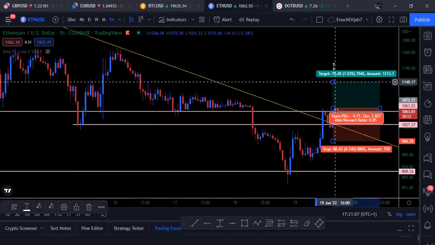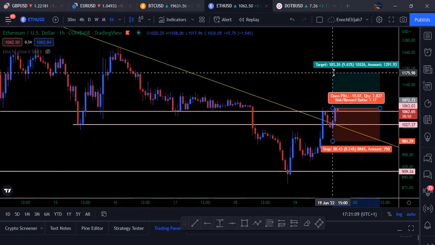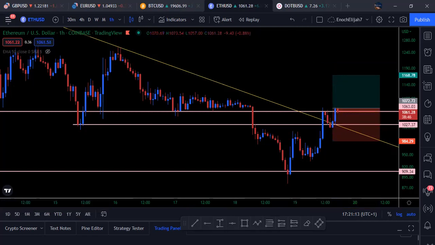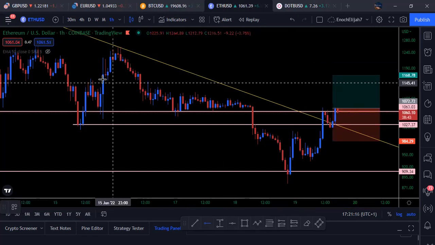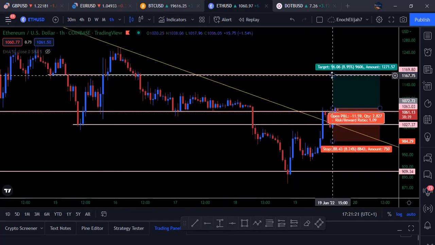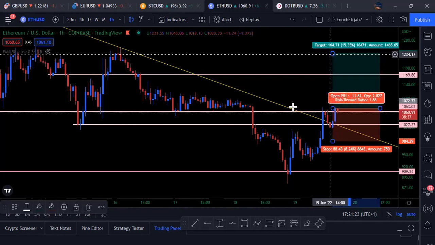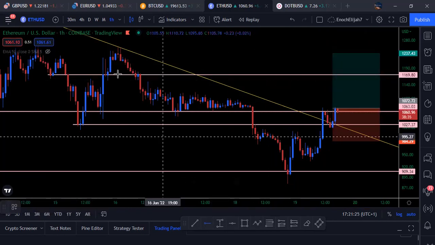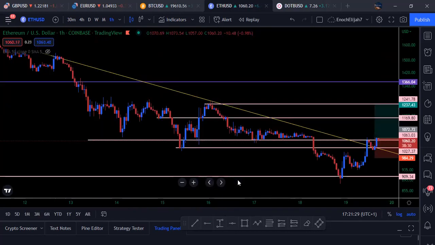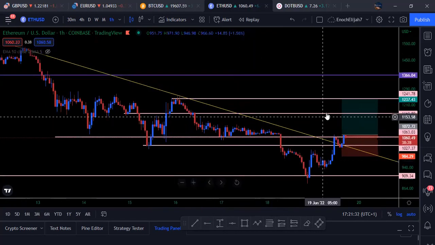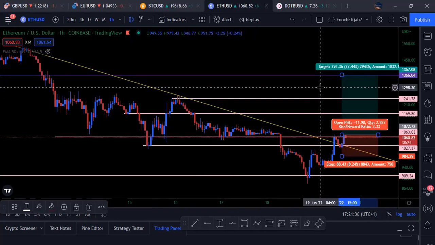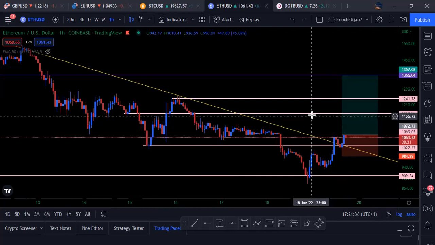The first is your 1-to-1 ratio, here. Then this should be your second target, here. And where to next after this is here, the 1,200 zone.